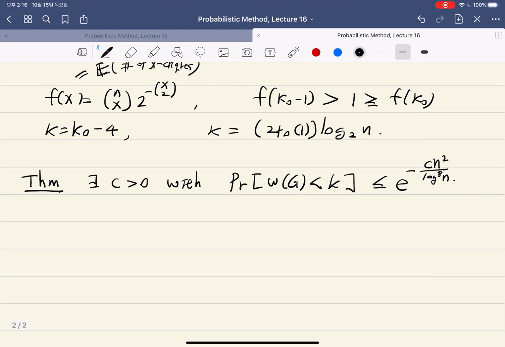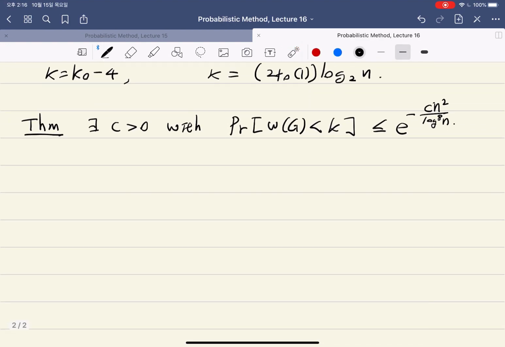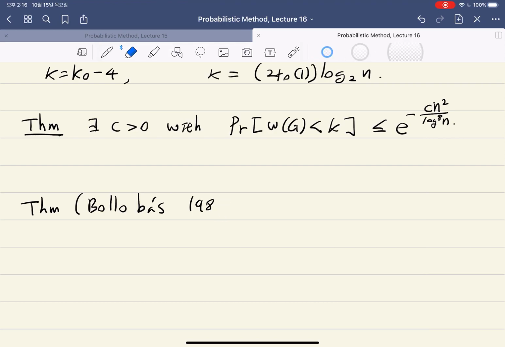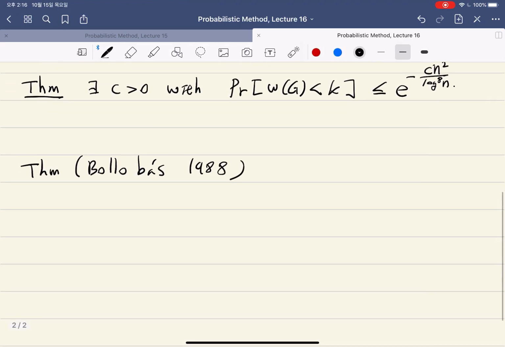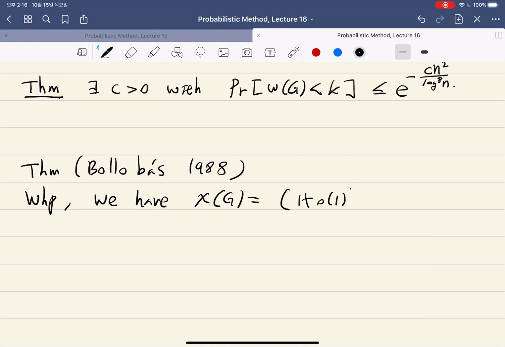So now we want to use this to prove the following theorem by Bollobás. With high probability, we have that the chromatic number of G is more or less n over 2 log 2 n. So this is the theorem by Bollobás.